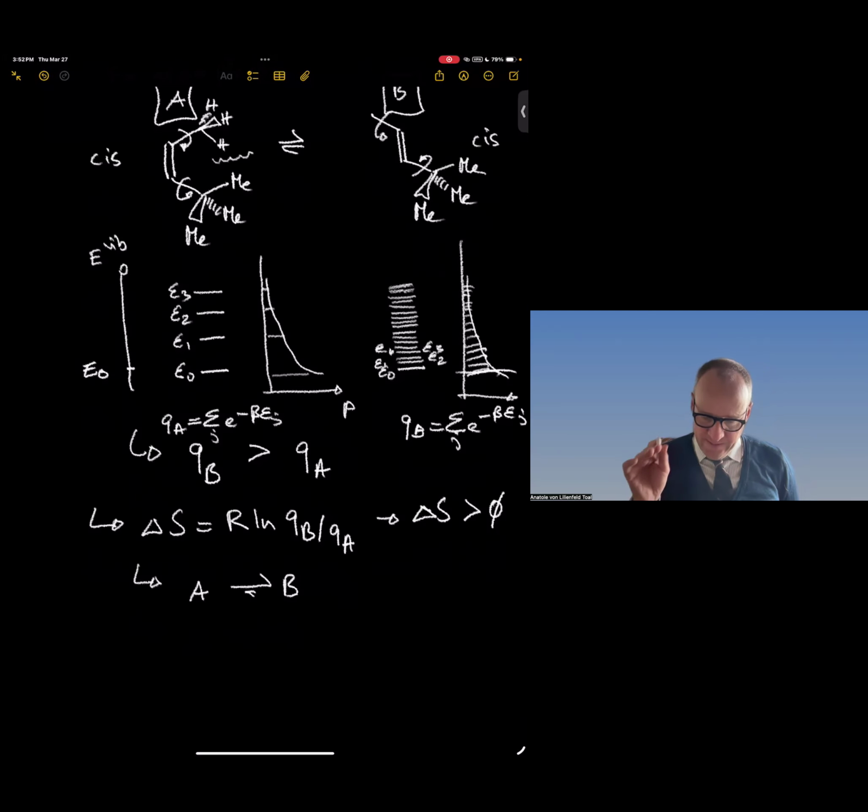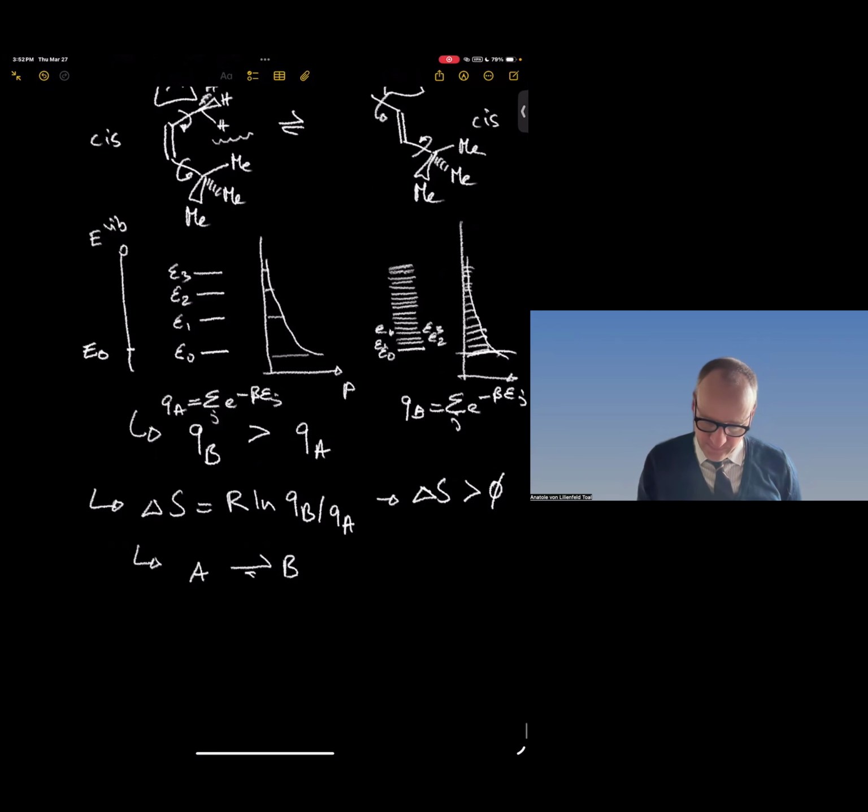You would arrive at the same conclusion using the entropy directly, S equals minus KB sum over pi logarithm pi, right?